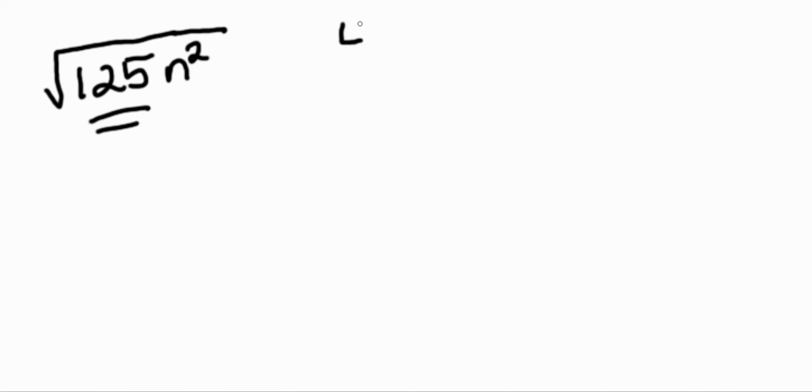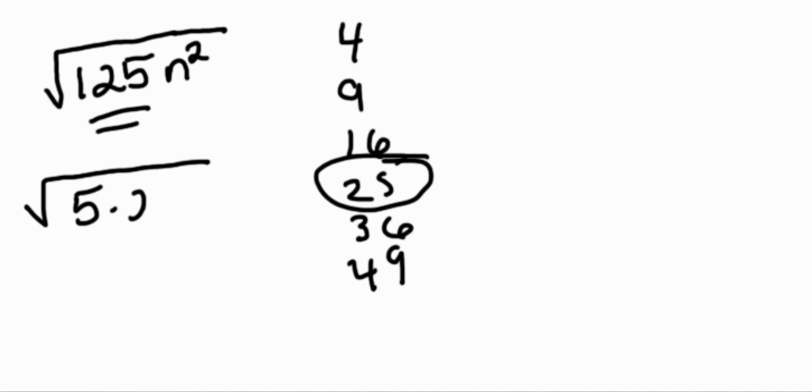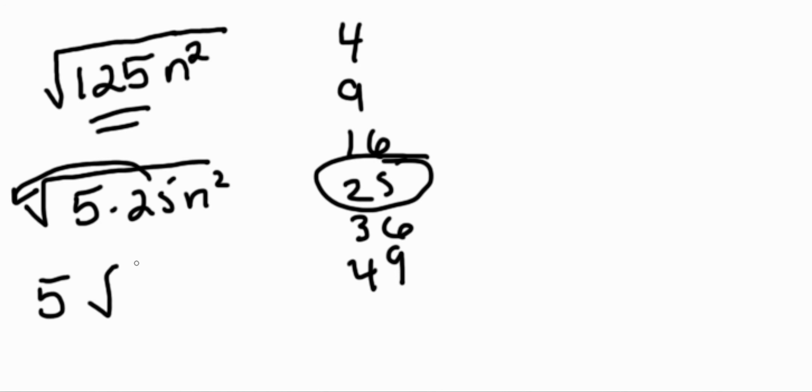We have 4, 9, 16, 25, 36, 49. I don't know about you guys, but I would instantly look at the 25. So we can see that this is the same as radical 5 times 25 n squared. Well, our 25 gets to leave the house as a 5. Then we're left with 5n squared.